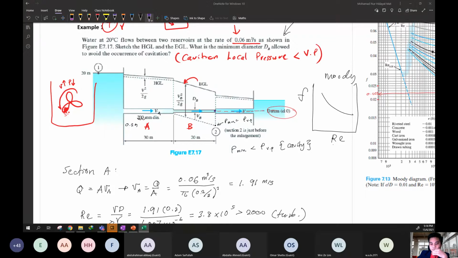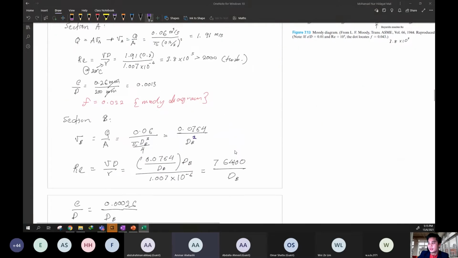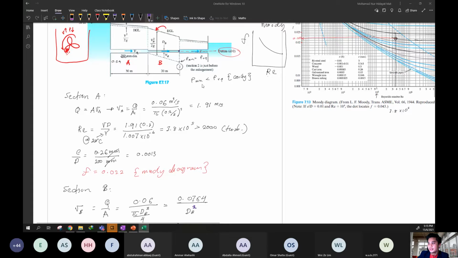Yes, doctor, I'm here. What's the value at the point 2? Pressure at point 2? It will be the minimum, right? So probably at point 2. What's the pressure at point 2? The value of pressure at point 2?